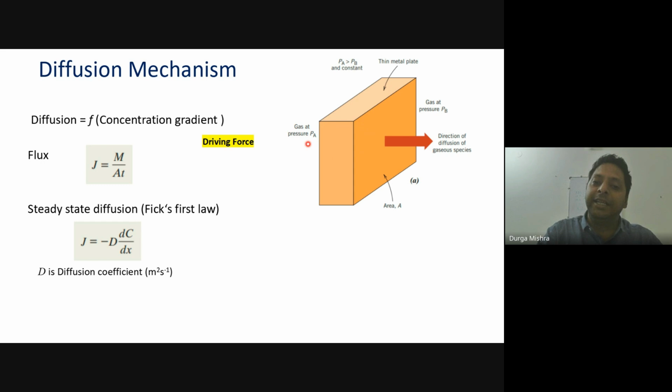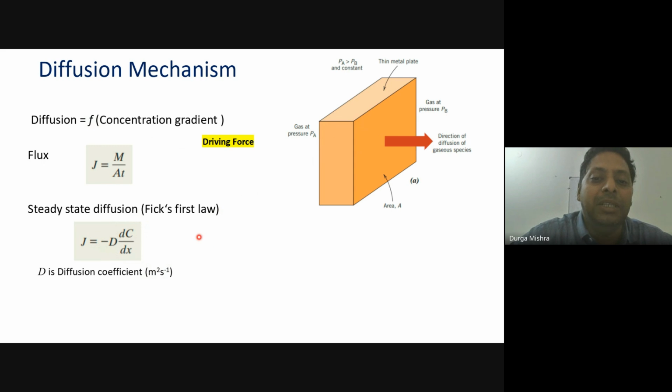Whatever enters this thin metal all comes out. That is the steady state condition, and under that condition the flux is, as I said, proportional to the concentration gradient. If I take one dimension along the x direction, the concentration gradient is given by dC by dx. The proportionality constant is given by D. D is the diffusion coefficient, which is normally measured in the unit meter square per second.